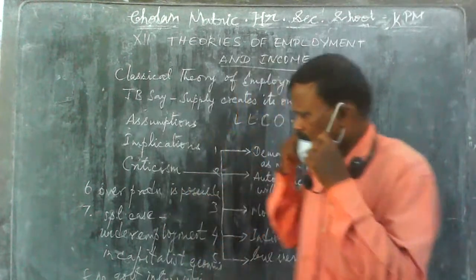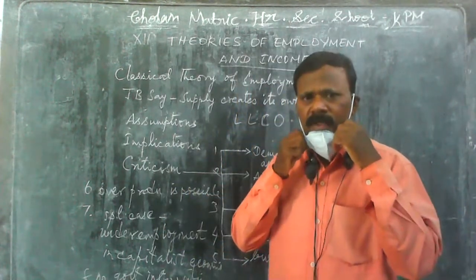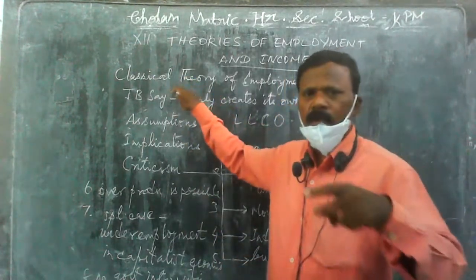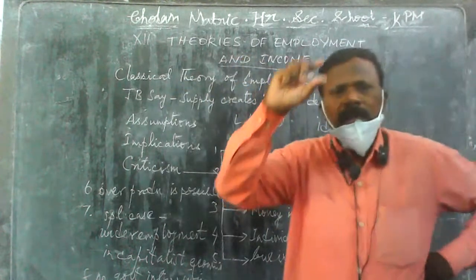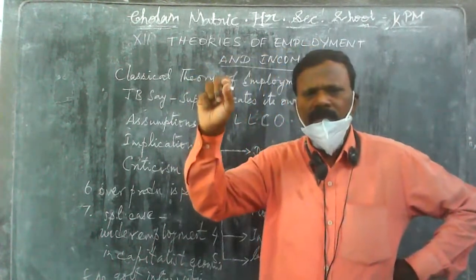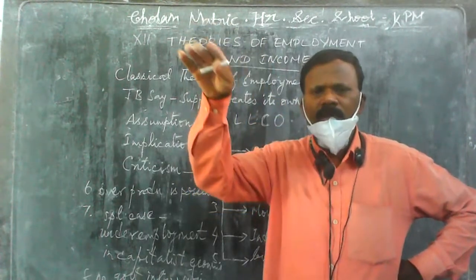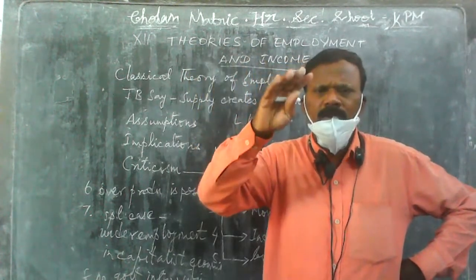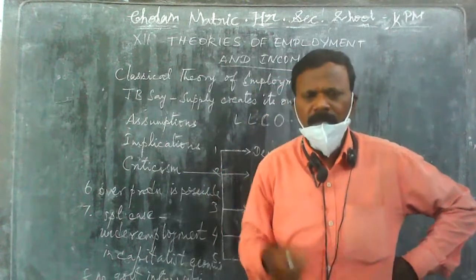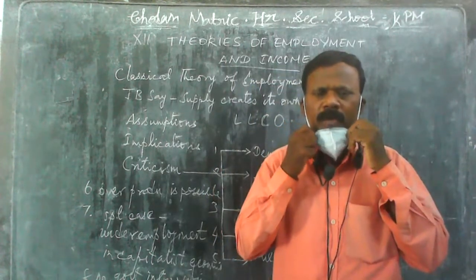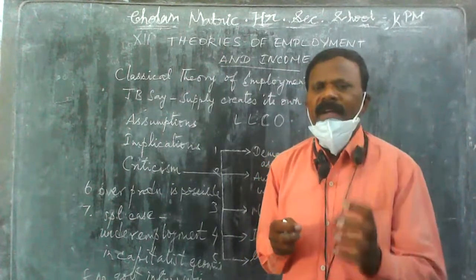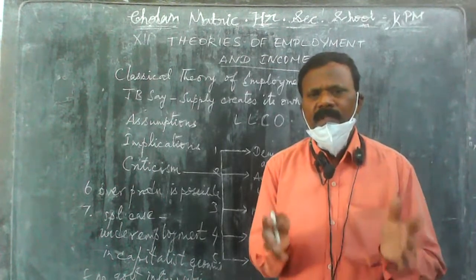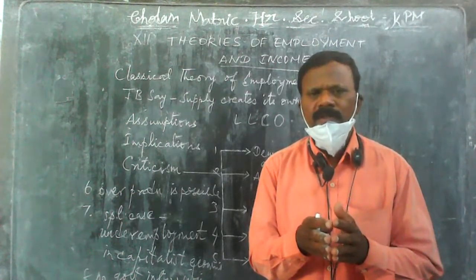Okay, so these are the important criticisms that you must keep in mind. What are the things that we have seen? First is the classical theory of employment, that means J.B. Say's law. What does Say's law assume? Supply creates its own demand. Say's law of market defines that supply creates its own demand. But practically, supply does not increase demand.